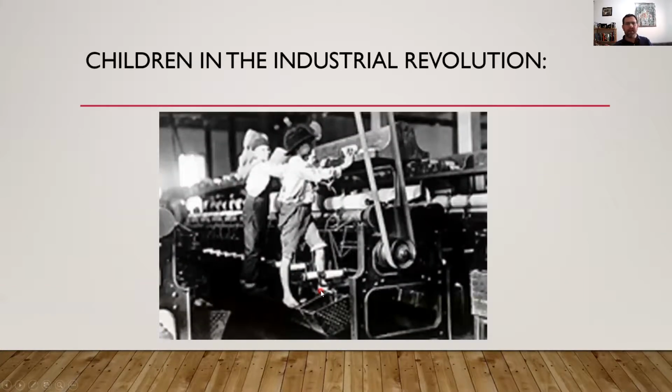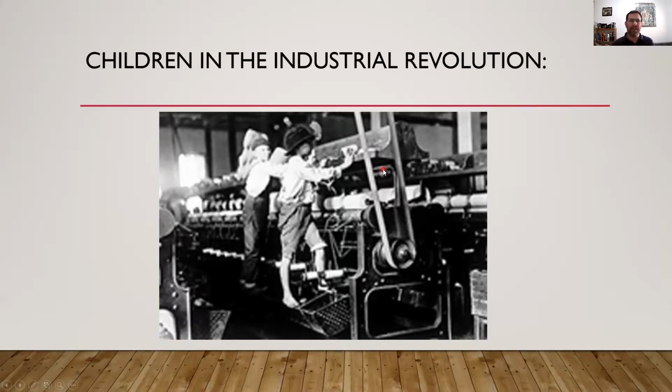So I just wanted to show you this picture, which shows what it was like for children in the Industrial Revolution. The children working on these machines were so young that they had to climb the kapes on top of the machines in order to work.